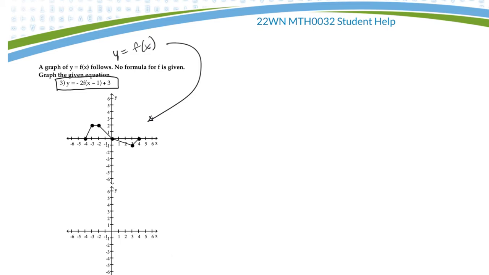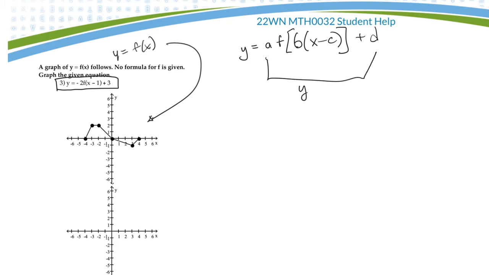Now, according to our rules, or our guidelines, we have a times f of b, x minus c, plus d. If I can determine what a and d are, that tells me what y movements happen. If I have an a value, you multiply all the y values by a.